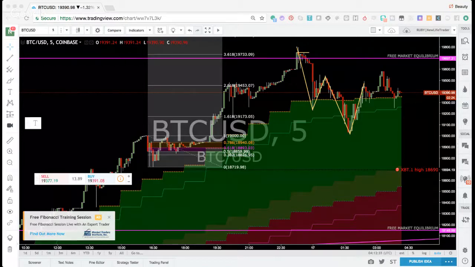Best performance comes from patterns with price trending upward leading to the pattern. Let's make sure that we all understand that. It can be any direction leading to the pattern, but the best performance comes from patterns with price trending upward leading in to the pattern. Okay, let's see if we get that.